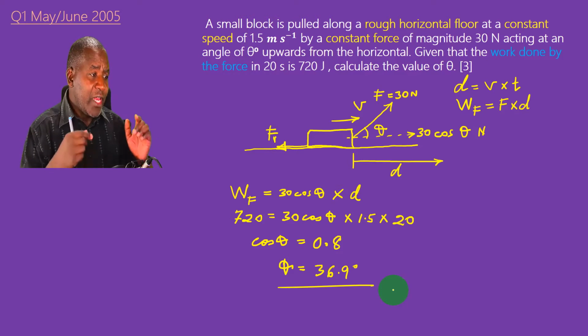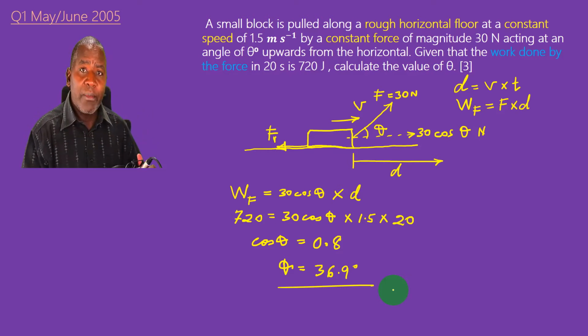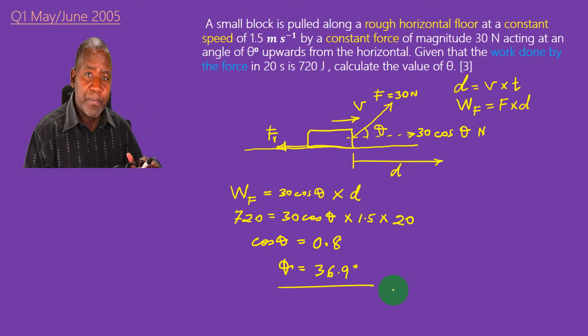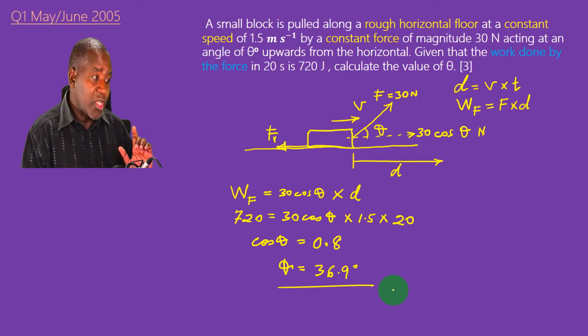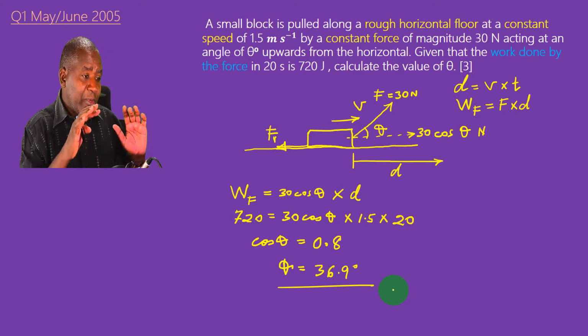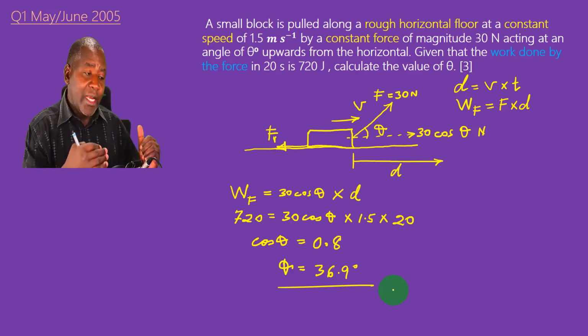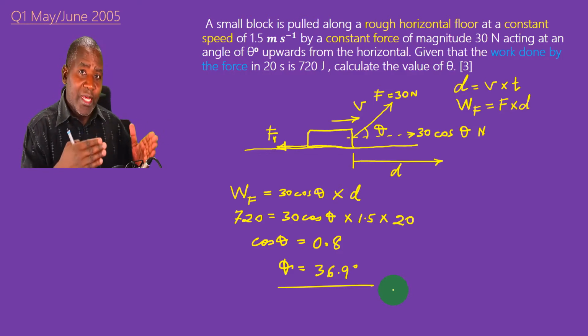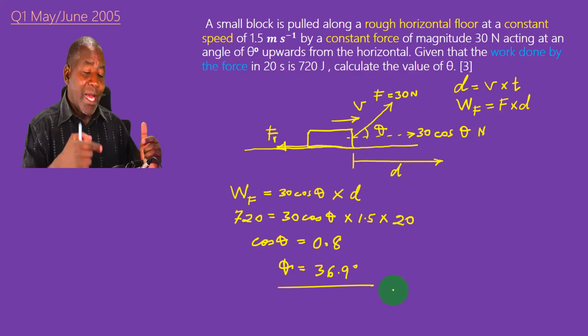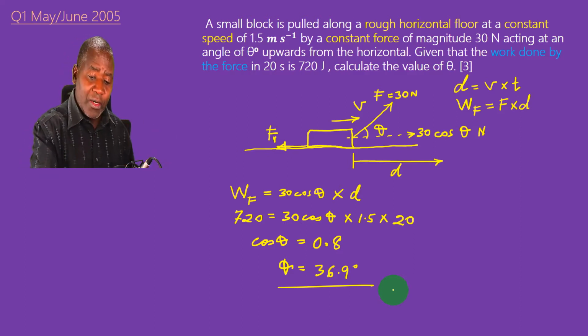Notice that even if a resistance force has been mentioned here, there is some resistance force, we were not able to use it. It's because of analyzing the information given and then looking at what it is that we are required to work out, and we go right ahead and use that information directly. You will see this one unfold in so many other questions.